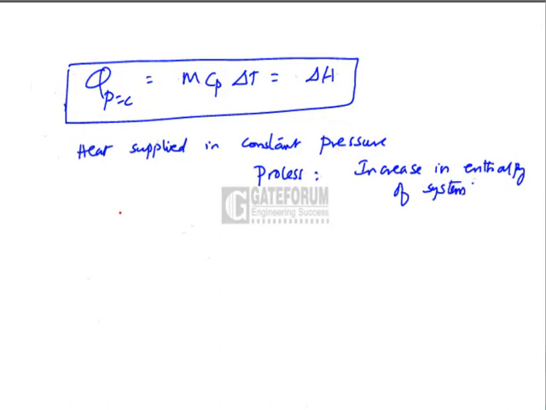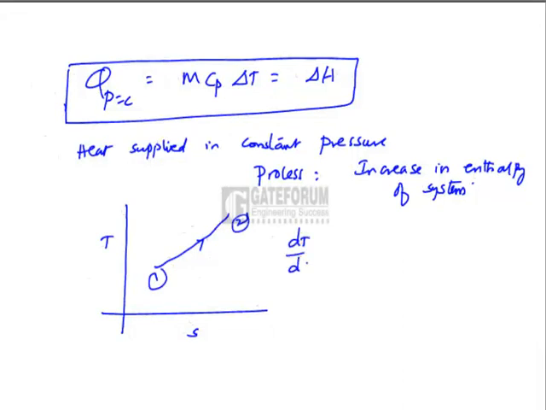The isobaric process on the temperature entropy diagram can be indicated as a curve with slope dT by dS at constant pressure equal to T by Cp.